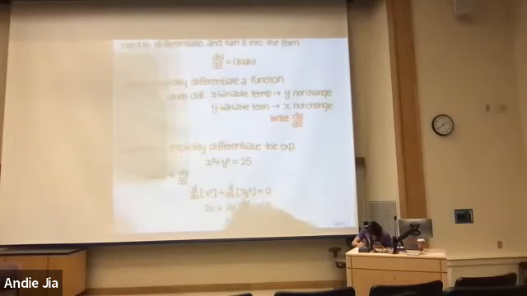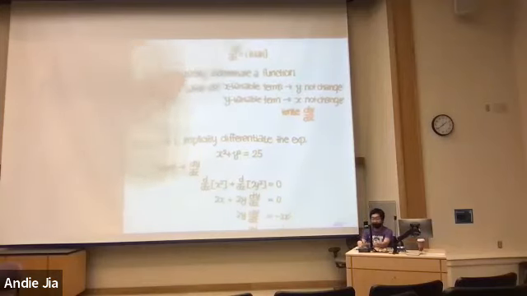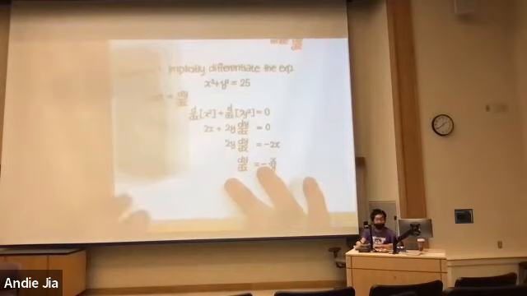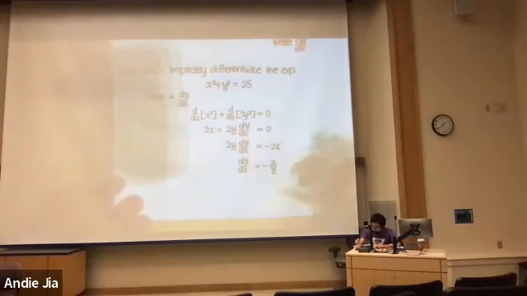And dy dx is going to be negative x over y, because 2x over 2y is the same as x over y. We just cancel the common factor, and this is also the equation that you define.